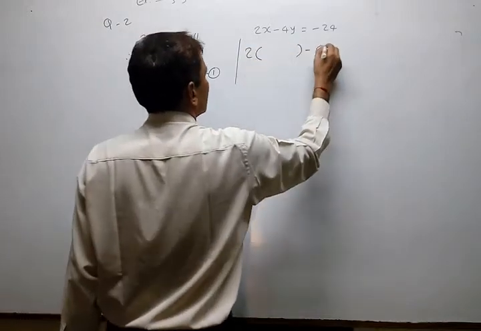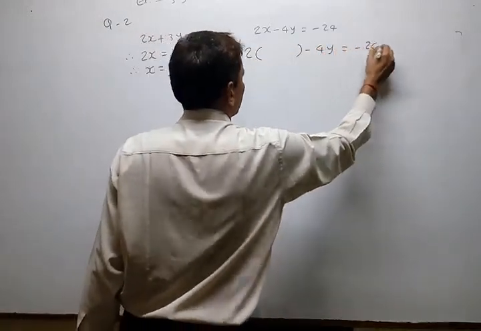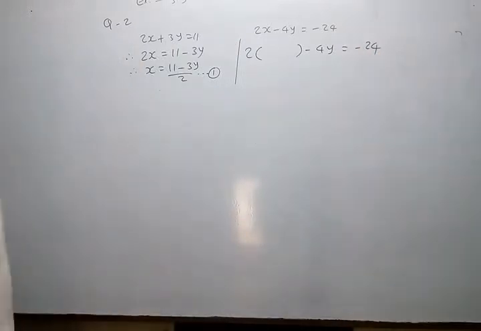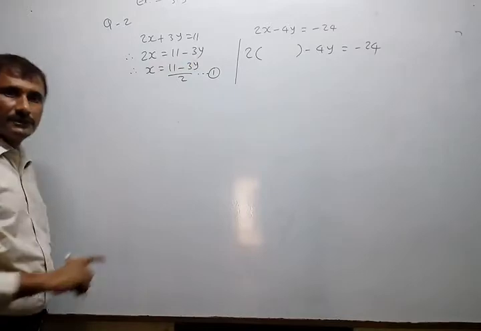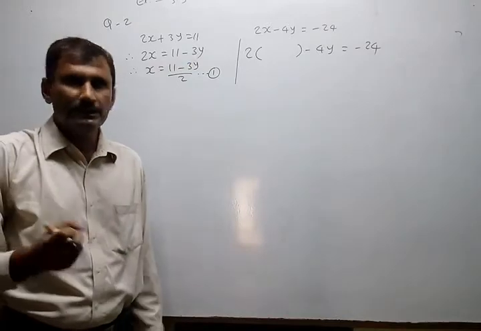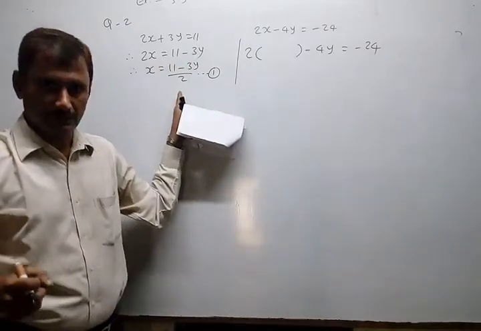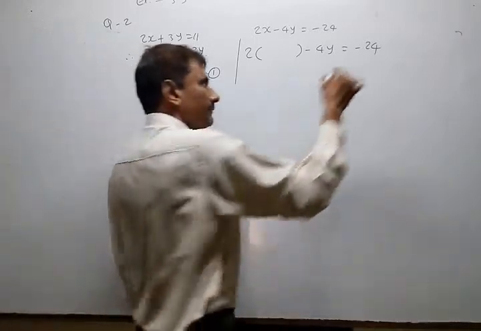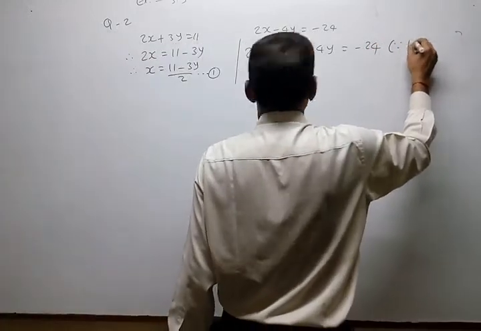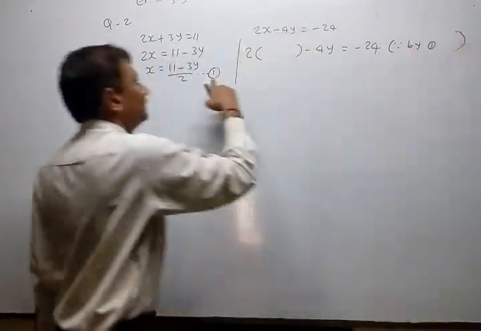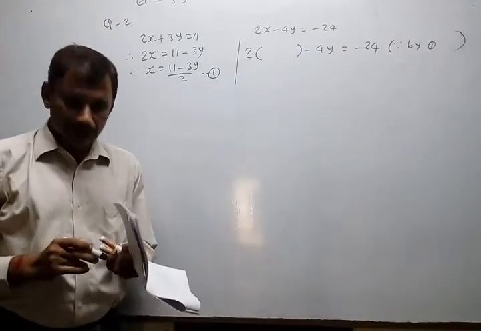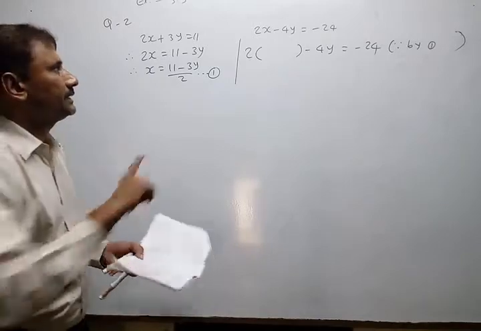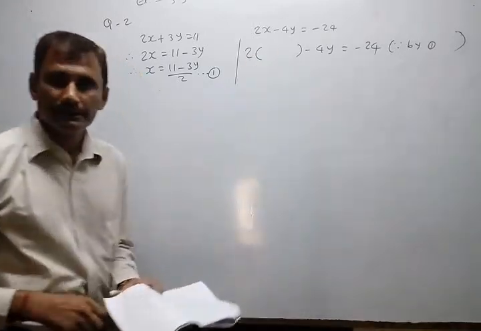In 2x minus 4y equal to minus 24, use equation number 1 there. Instead of x, we substitute, or replace, x by its expression. By equation 1. Always give the reason, that's why we are writing equation number 1 here. If any result is used later on, at that time we make a bracket here.